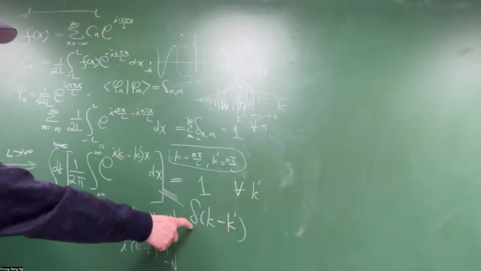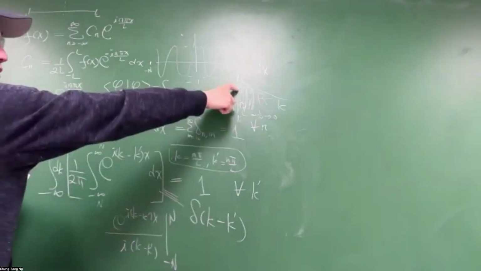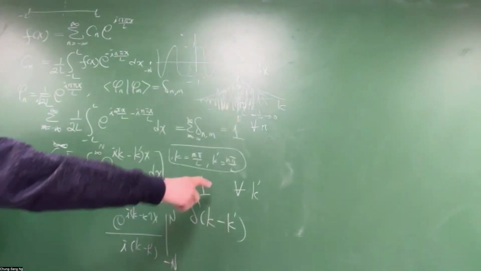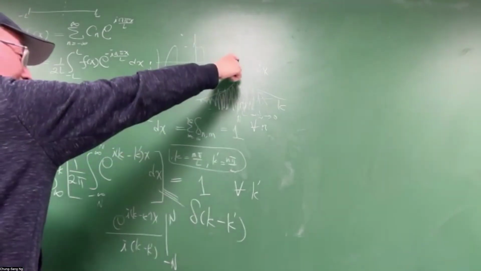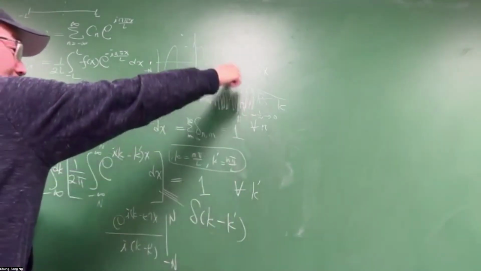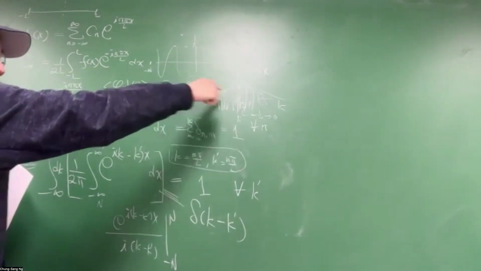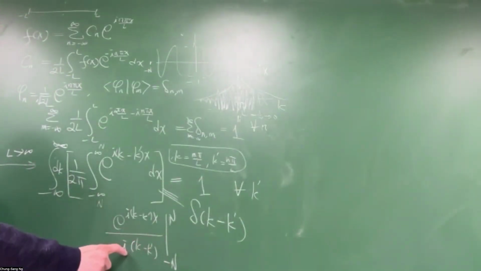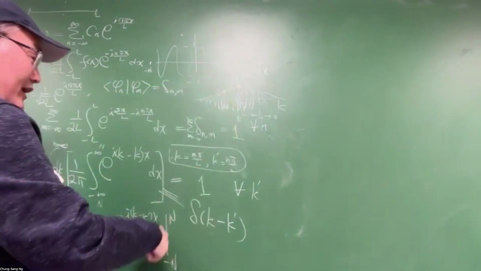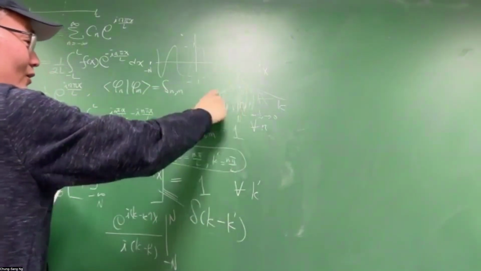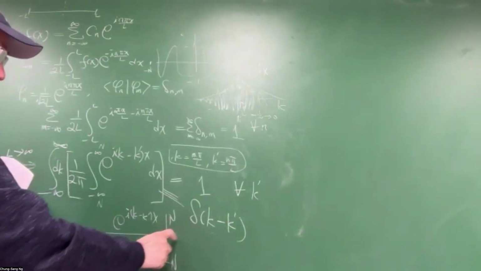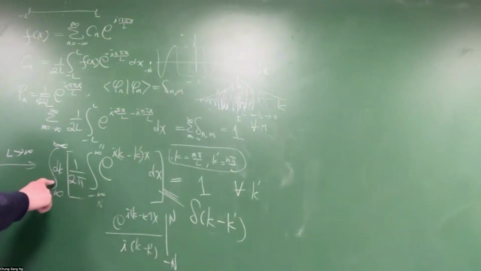Although we analyzed it a little bit, if you define this object like that, it is infinity at k equal k prime, and there's a profile like 1 over k minus k prime, but that actually doesn't matter because all this oscillation will not contribute to the final integral.